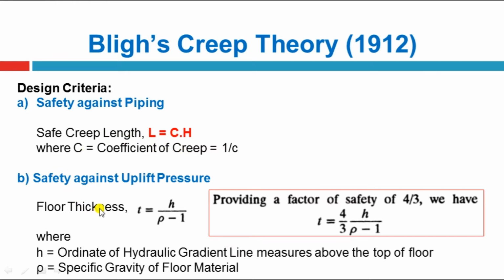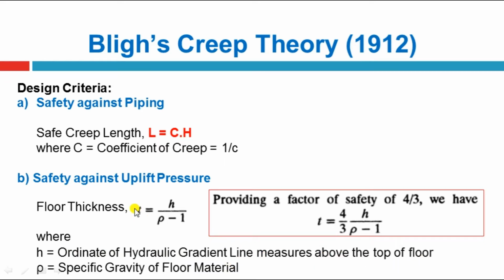Safety against uplift pressure. The ordinate of the subsoil hydraulic gradient line above the bottom of the floor at any point represents the uplift pressure at that point. So let H be the uplift pressure head at any point on the apron. Rho is the specific gravity of the material and H is the ordinate of the hydraulic gradient line measured above the top of the floor.